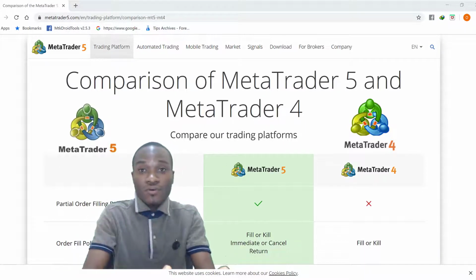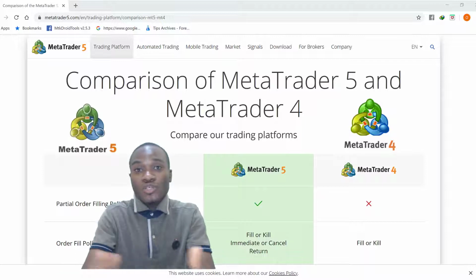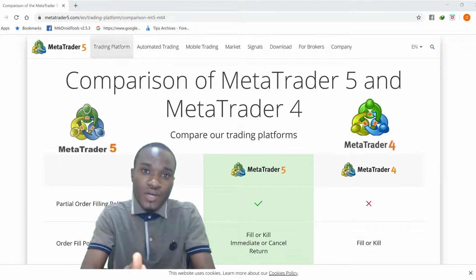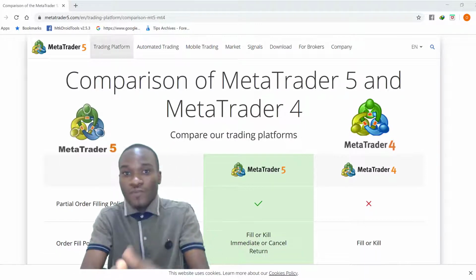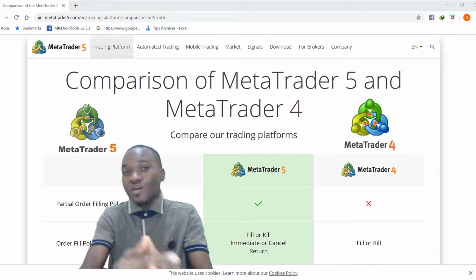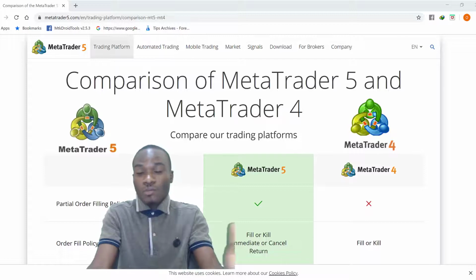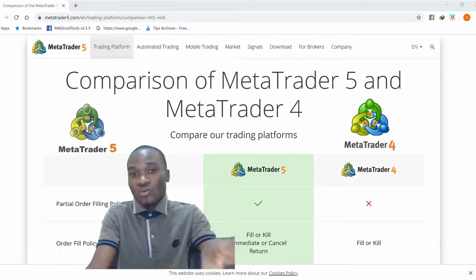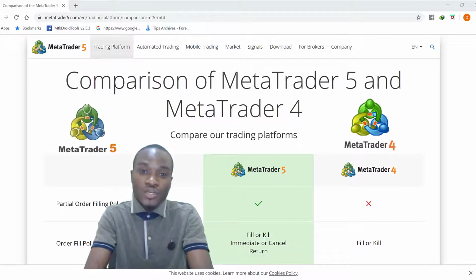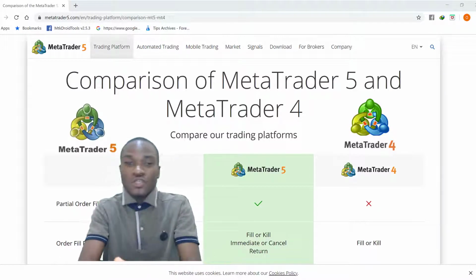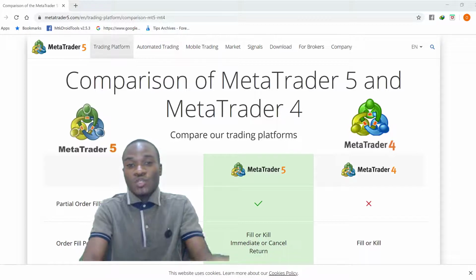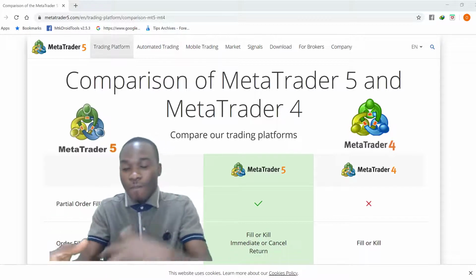Actually, the Metatrader 5 or the Metatrader 4 is the trading software that connects you, the retail trader, to your brokerage firm. So when you execute a trading order from your personal computer, from your house, wherever you are in any part of the world, you transfer the details to your brokerage firm through this Metatrader 4 or Metatrader 5.